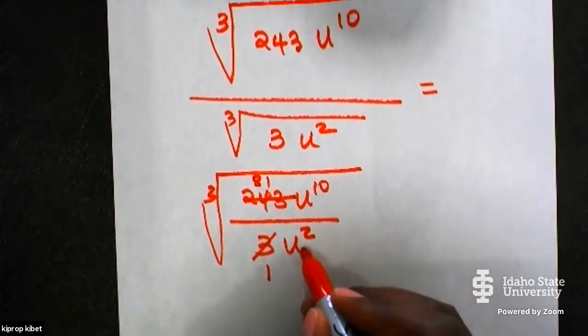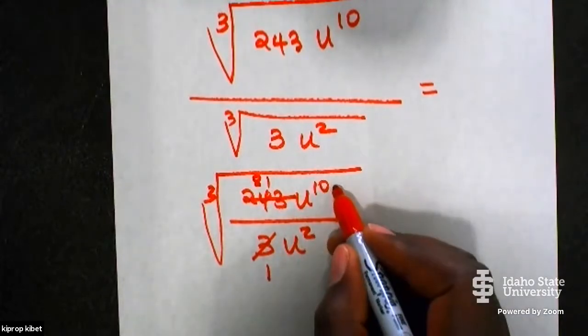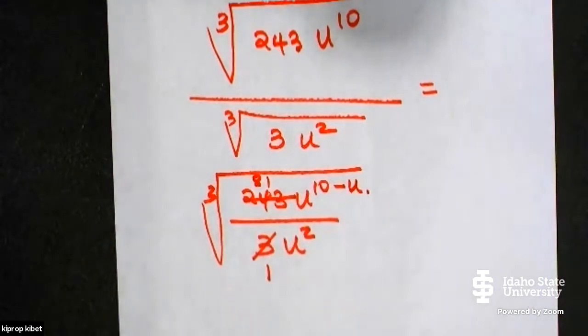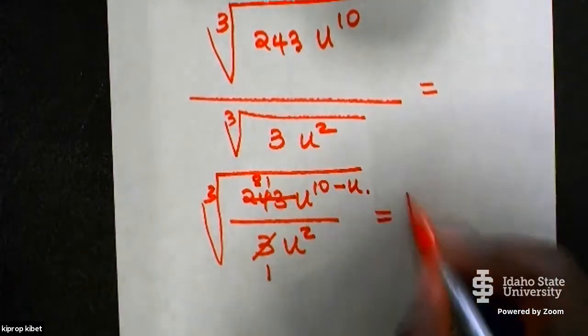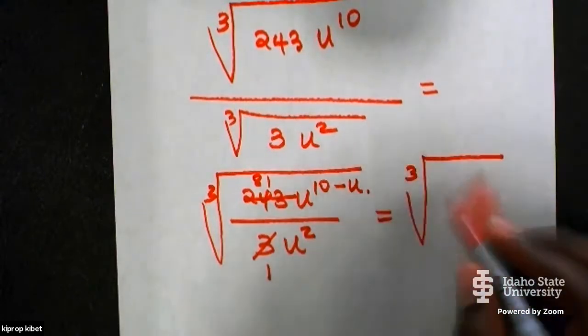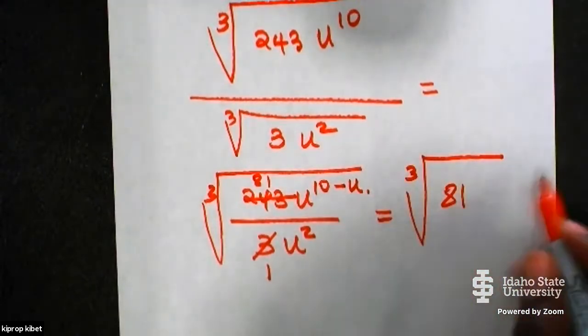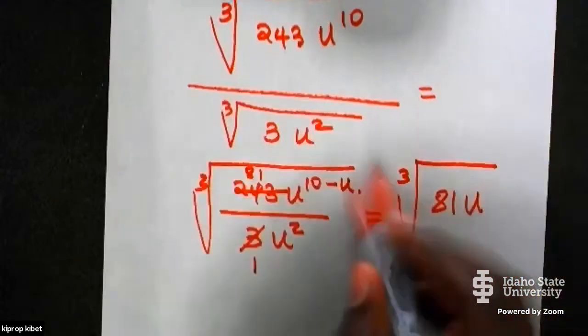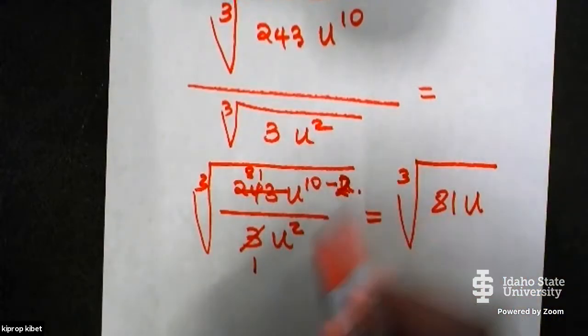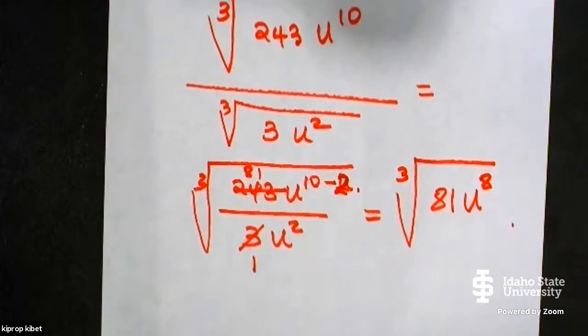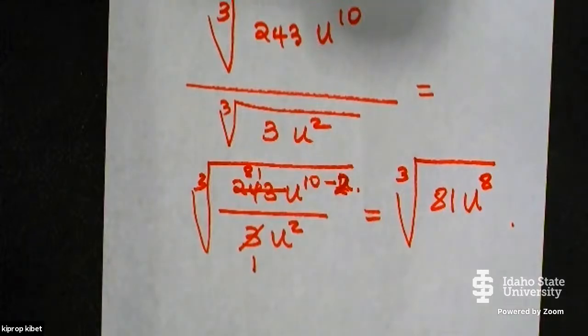And then this, you take it up here, minus what? Minus 2. So finally, what you get is the cube root of 81 u raised to 8.